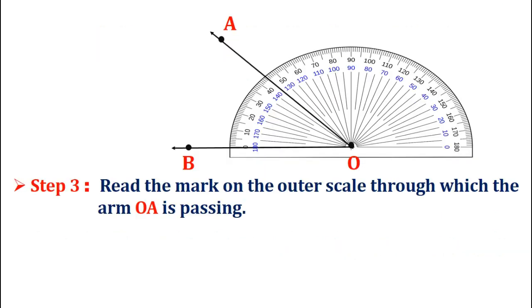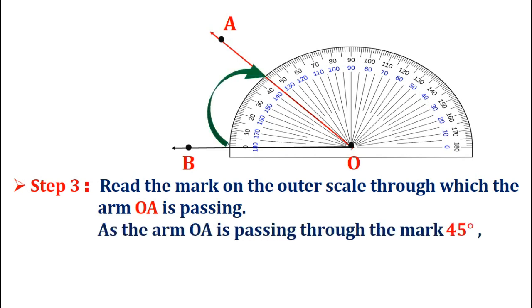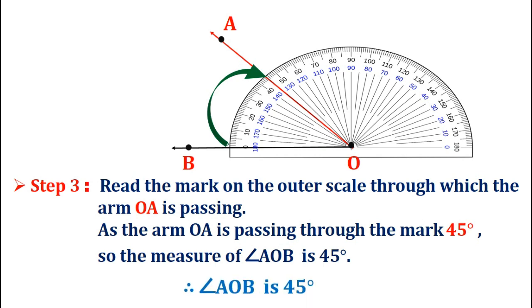Finally, we move on to the third step, where we have to read the mark on the outer scale through which arm OA is passing. Here, since arm OA is passing through the mark of 45 degree, therefore the measure of angle AOB is 45 degree.